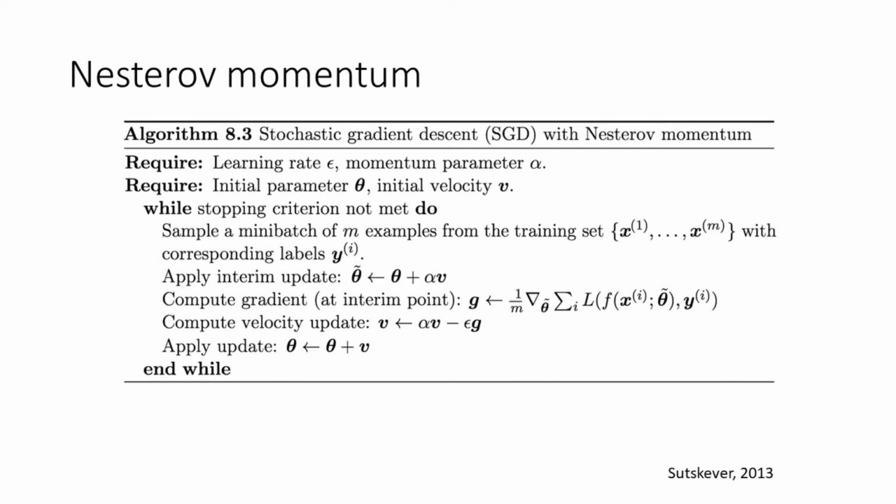We compute the gradient of the loss at theta tilde, and then we compute a velocity update based on the gradient at that point. And we apply that not to theta tilde, but to our original parameters theta. Okay, any questions on momentum or Nesterov momentum?